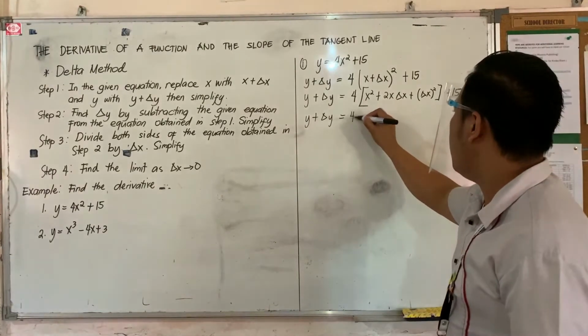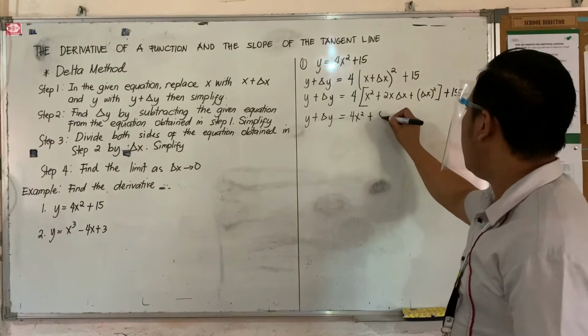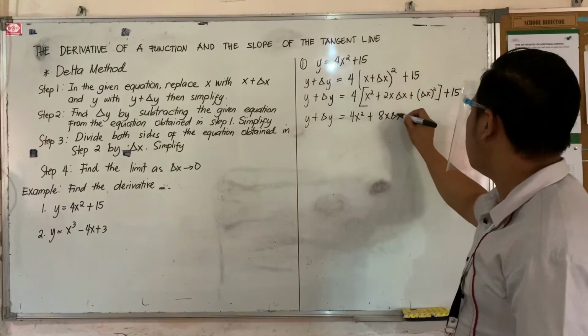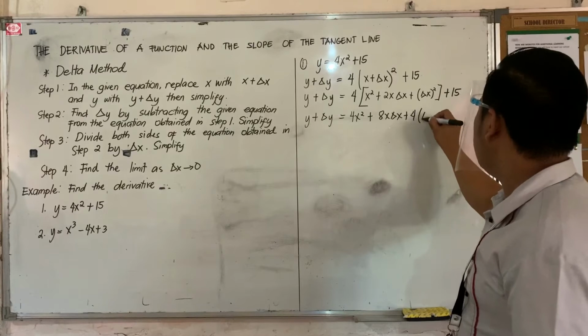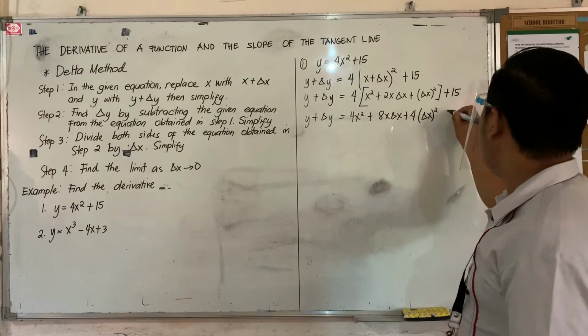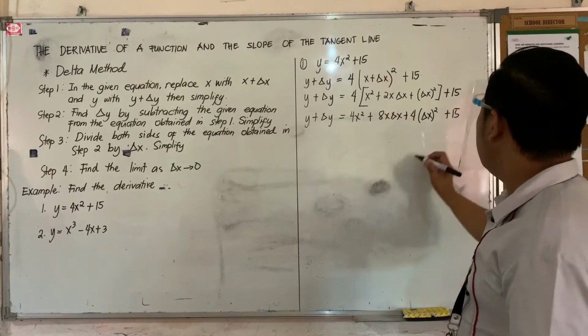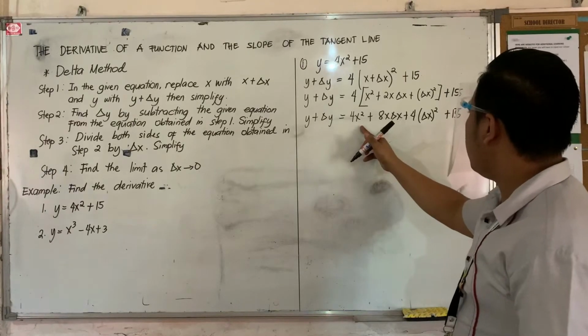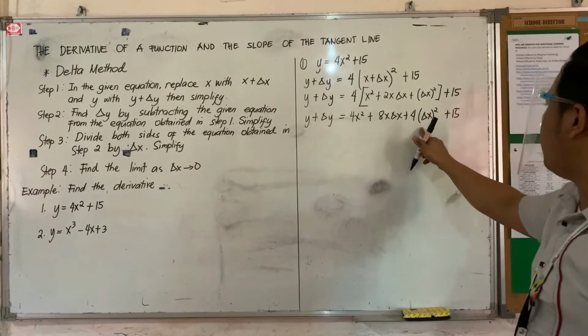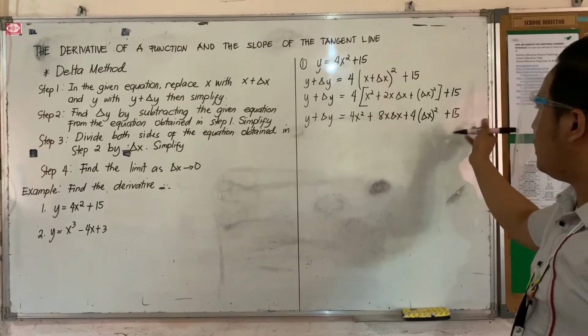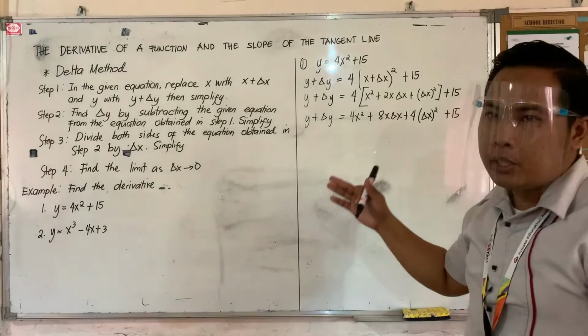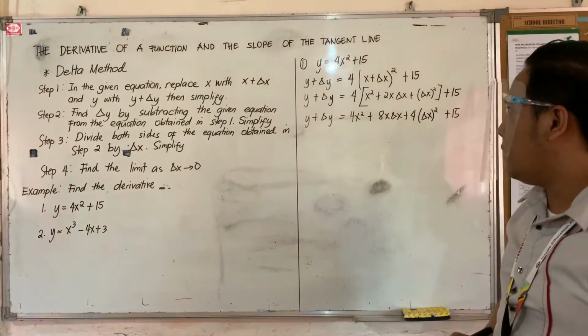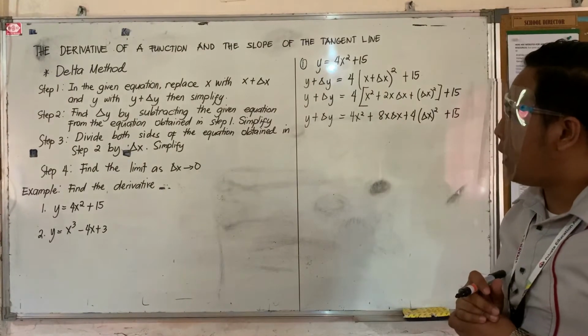We have 4x squared plus 8x delta x plus 4 delta x squared plus 15. Okay? So, we have 4x squared plus 8x delta x plus 4 times delta x squared plus 15. This is now the new equation.